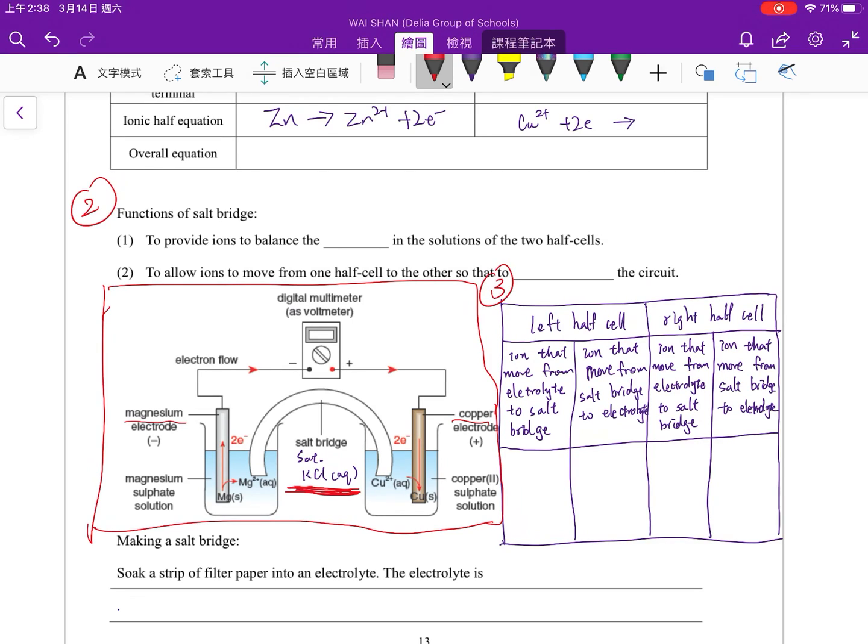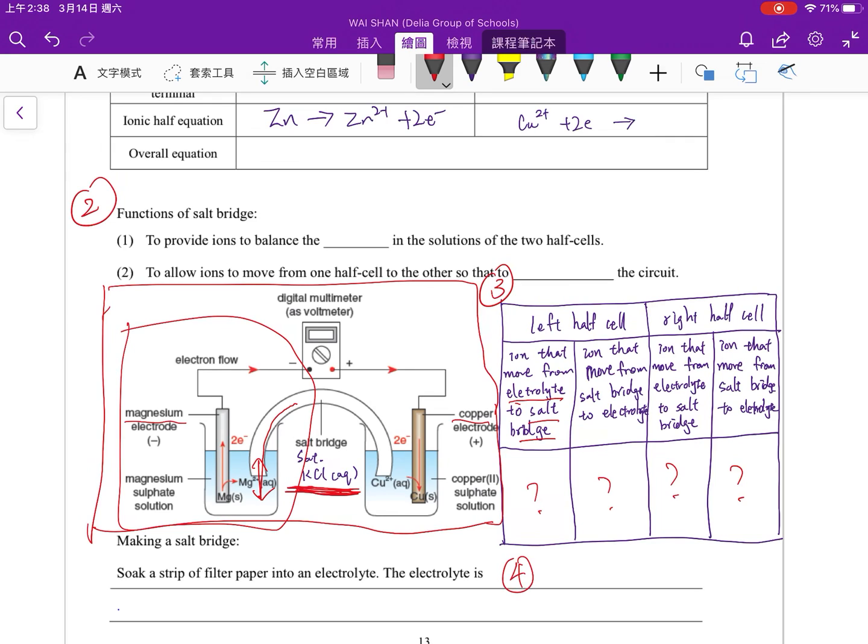In the left half cell, which ions move from the electrolyte to the salt bridge? And the opposite, which ions move from the salt bridge to the electrolyte? Also the same for the half cell on the right hand side.